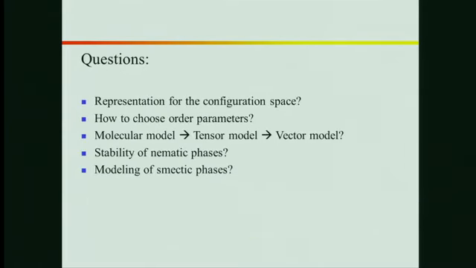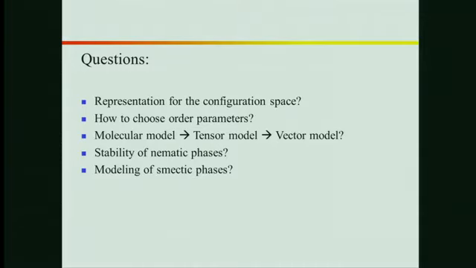So I try to answer these questions. First of all, what is the representation for the configuration space of the molecule? How to choose the order parameters? What is the relation to the molecular model? The molecular model here, because I'm talking about mean field theory, uses the probability density function. What is the tensor model? It means like the Landau-de Gennes model.